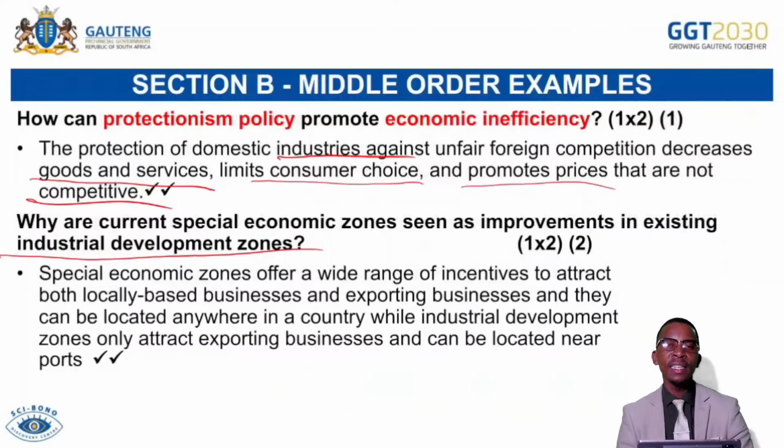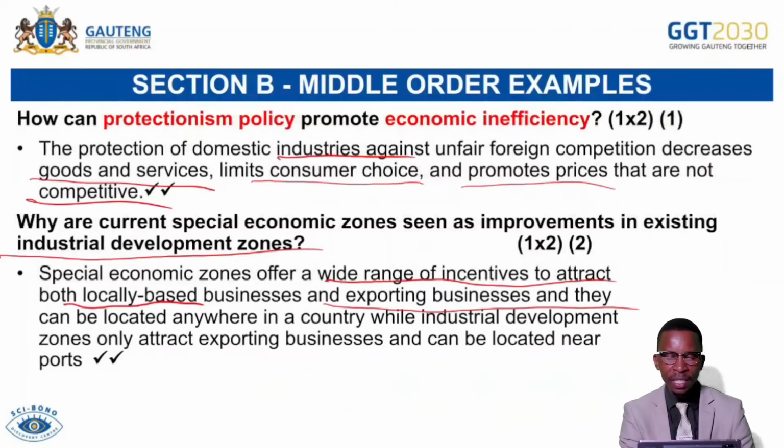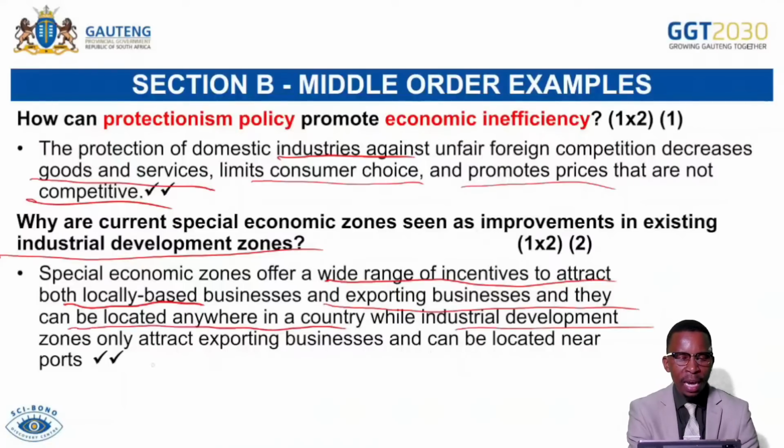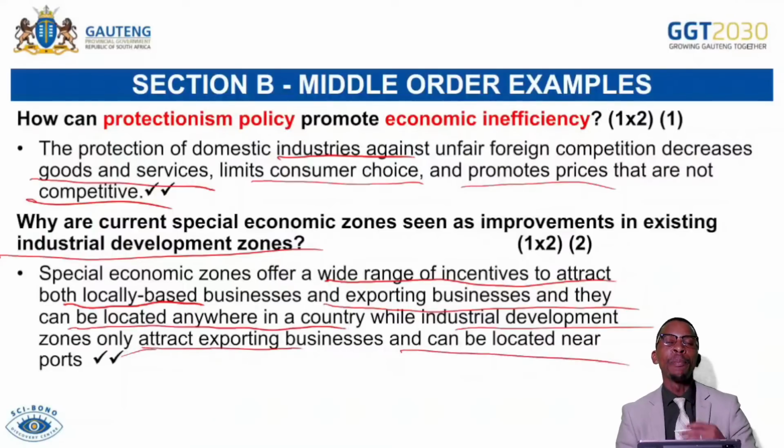And then, why are current special economic zones seen as an improvement of existing industrial development zones? We know that SEZs are seen as an improvement of what we call IDZs. So why? Special economic zones offer a wide range of incentives that attract both locally based businesses and exporting businesses. They can be located anywhere in the country, while industrial development zones only attract exporting businesses and can only be located near seaports and airports. We know that IDZs are very much limited. They have limited scope.